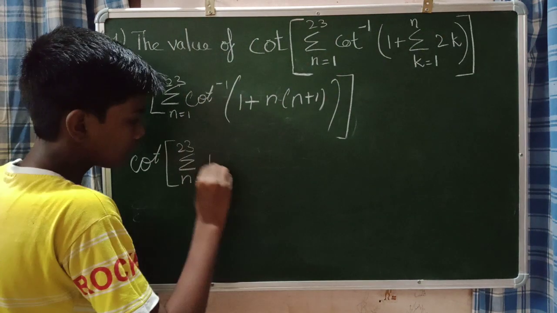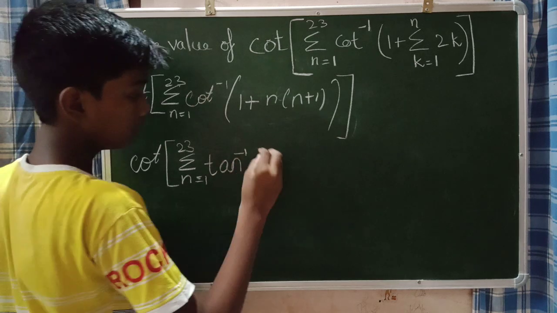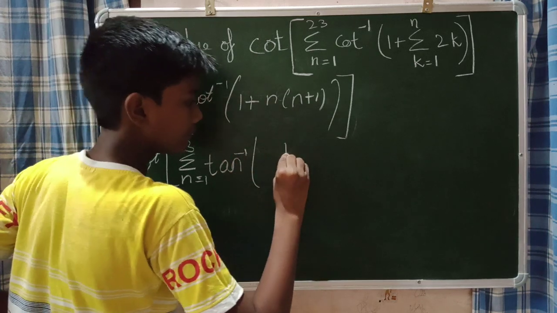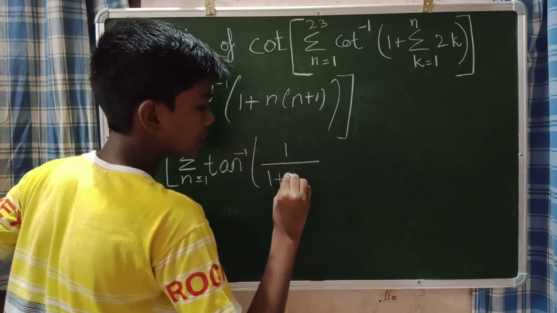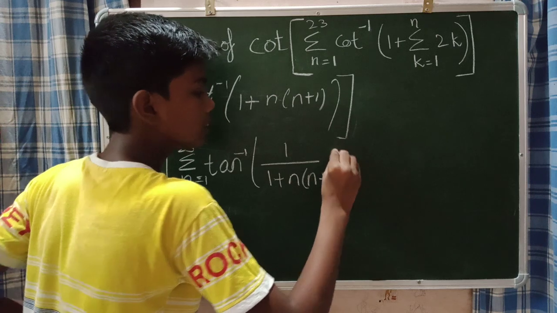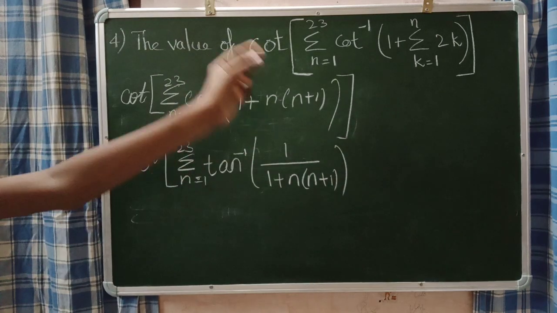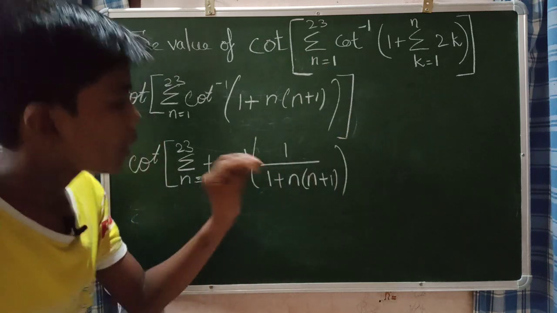That means it will be tan inverse of 1 by 1 plus n into n plus 1, because tan and cot are reciprocals.